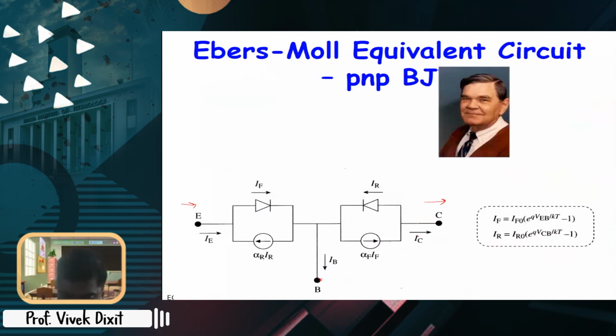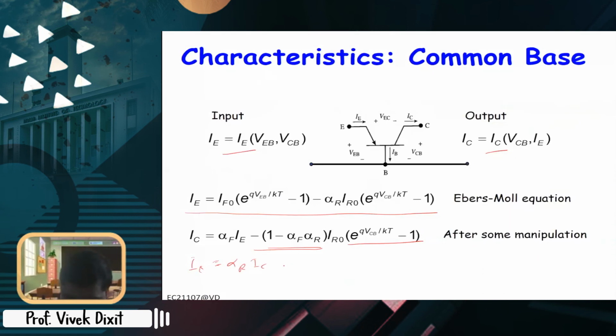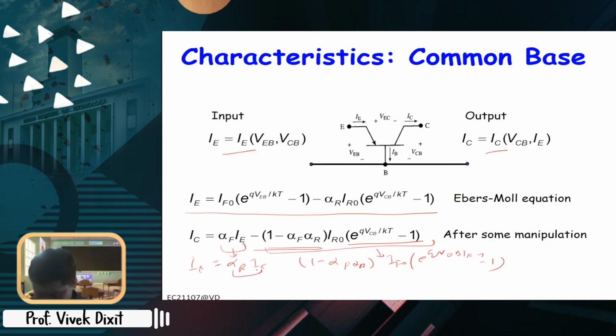This is 1. So you will have a similar expression. You will have 1 minus alpha F alpha R times IF naught exponential QVEB by KT minus 1, right? So you will have the same expression here, and you will have alpha R IC here, correct?